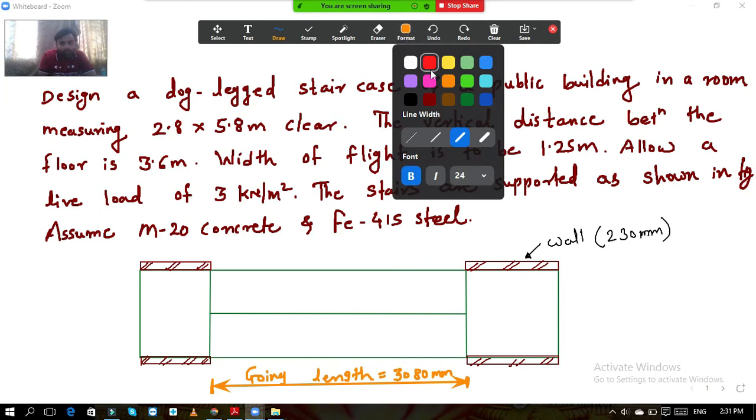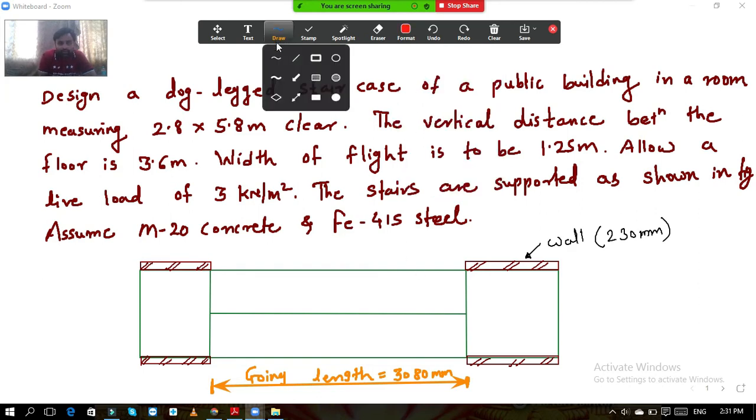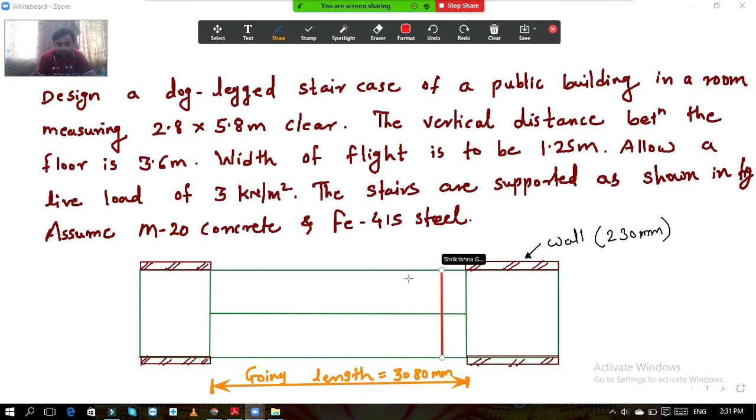I will draw over here the number of risers and treads. I will show the treads. Now I will draw these lines like this. You can understand that I am not going to draw the dotted lines for the second flight.